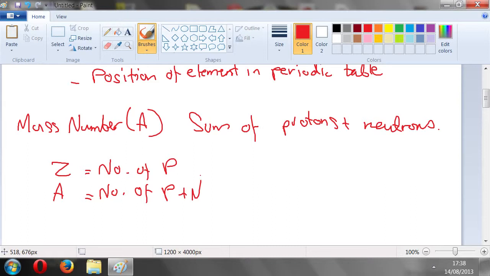But what we need to look at is the isotopes now. All right, so the atomic number is going to be the same, right?